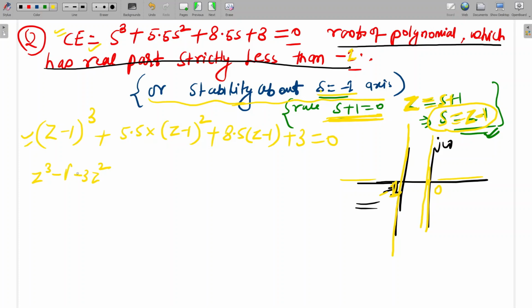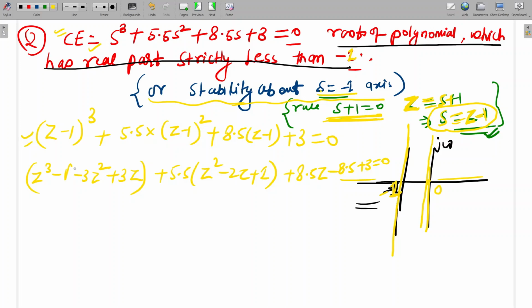Is it correct? Can anyone verify? So a cube minus b cube minus 3ab into a minus b. This first one is z cube minus 3z square plus 3z minus 1. Second will be 5.5 into z square minus 2z plus 1, is it correct? Plus 8.5z minus 8.5 plus 3 equal to 0. Is it clear up to now?